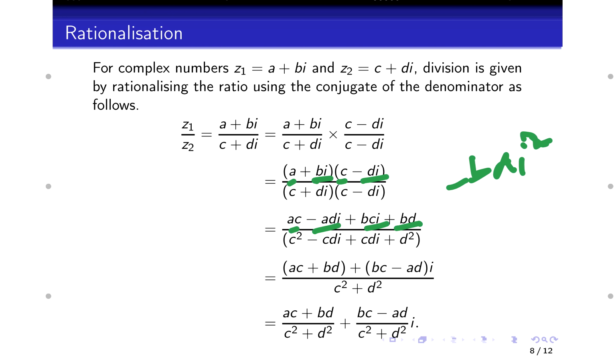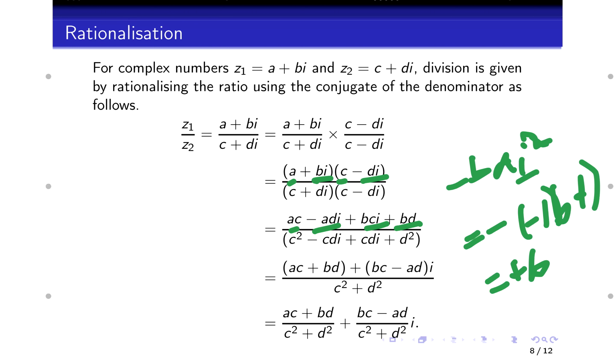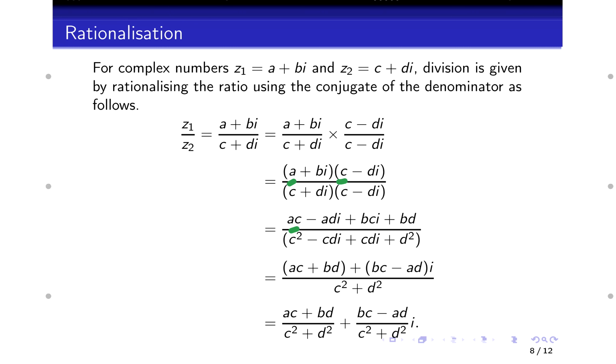So that's minus times minus 1 times bd, which is why we have plus bd. I'm jumping those steps because I believe you have understood now.